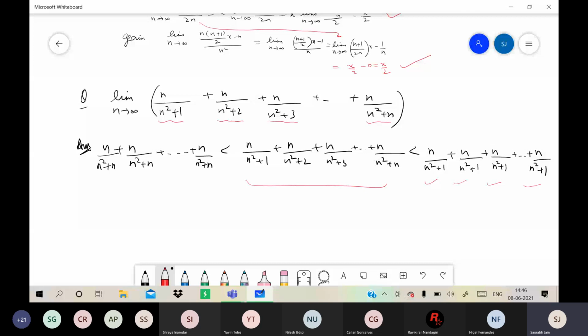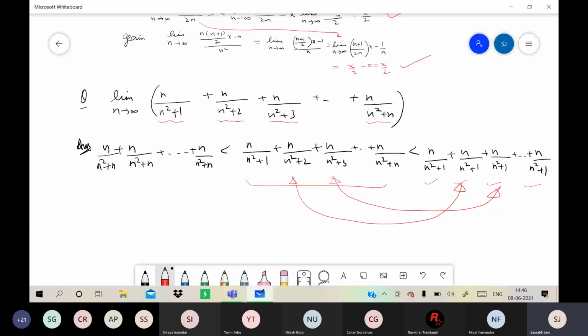The numerators are the same, but n square plus 1 is smaller than n square plus 2, so whose division will be bigger? Obviously n upon n square plus 1. Similarly, n upon n square plus 3 and n upon n square plus 1. Once again, n square plus 3 is more, therefore its division will be less than n upon n square plus 1.